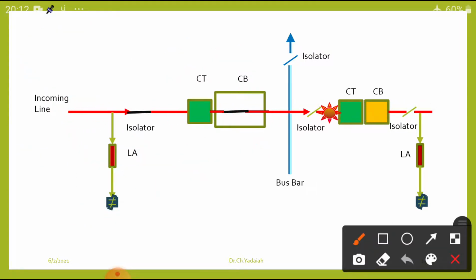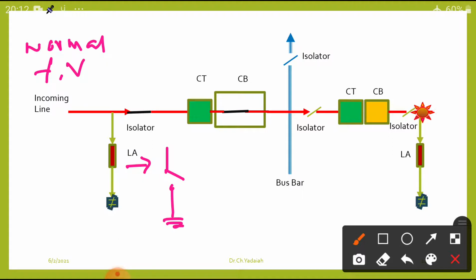Under normal frequency and normal voltage, our lightning arrester acts as an open circuit, just like an insulator.